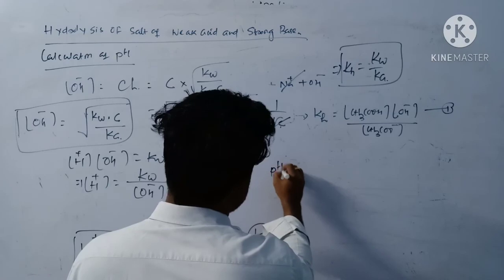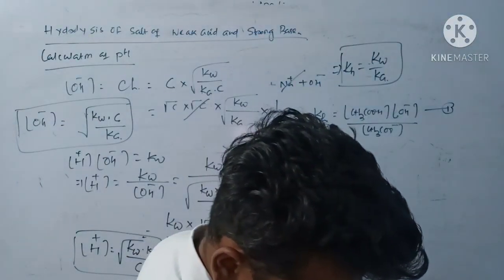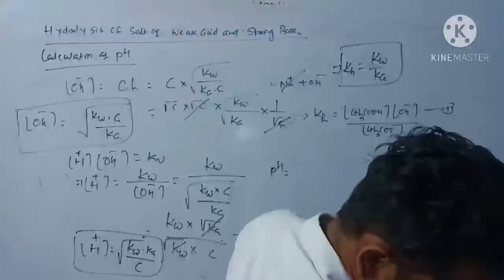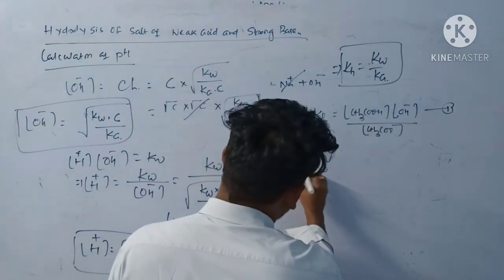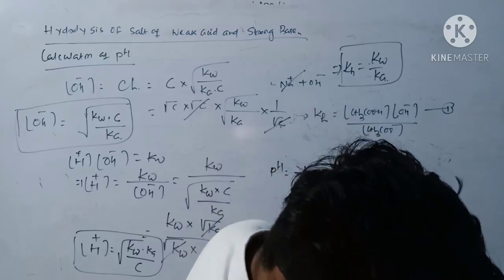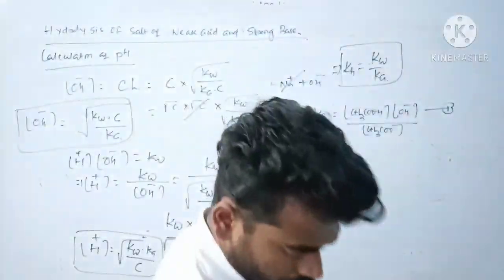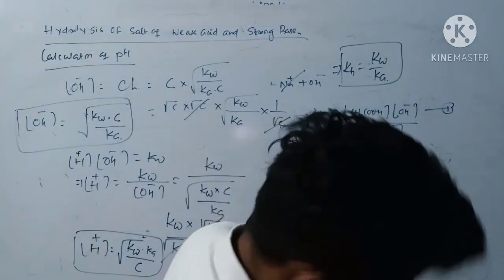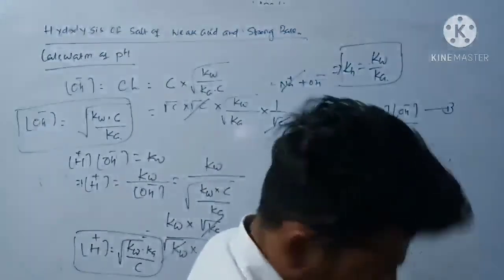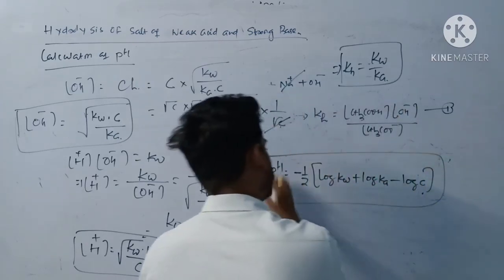So pH will be equal to minus half log Kw plus log Ka minus log C. So this is the expression for pH.